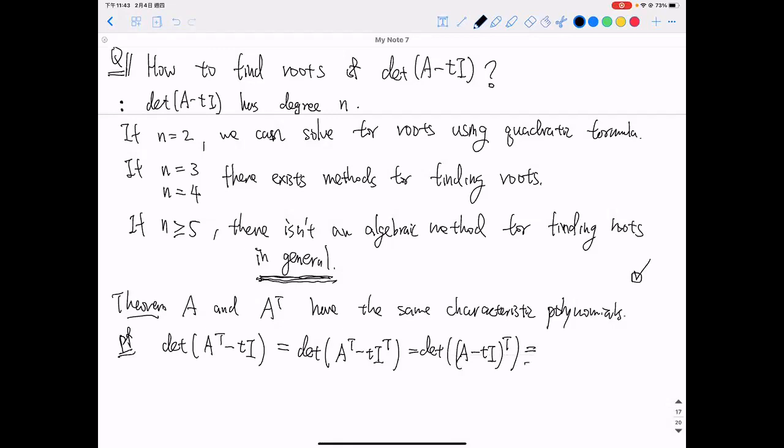And we've known before in a theorem that the determinant of a matrix and the determinant of its transpose are equal. So we arrive at determinant of A minus tI, which is the characteristic polynomial of A. Is that simple?